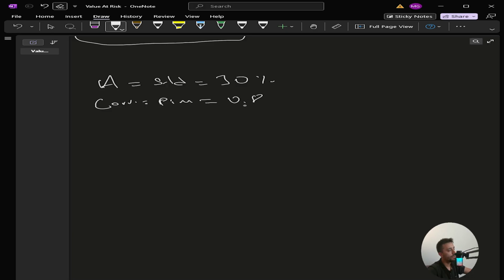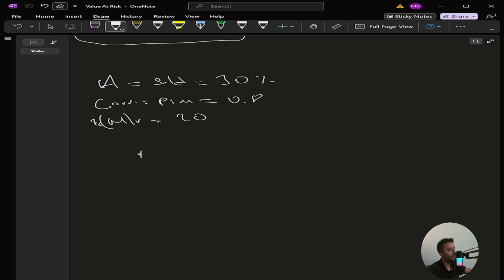What is asset A's beta, given that the market return standard deviation is estimated at 20%?